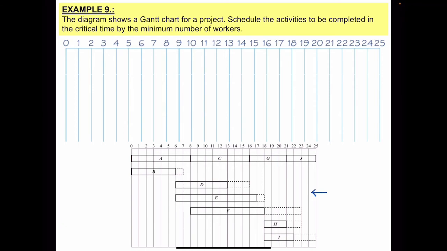So as we said before, the first worker is responsible for all critical activities. That means I'm going to assign him all critical activities. So A is 0 up to 8. This is the A activity. Then C activity is 8 up to 16.